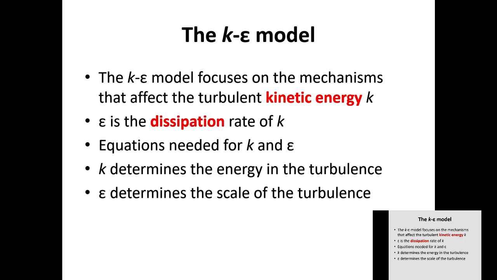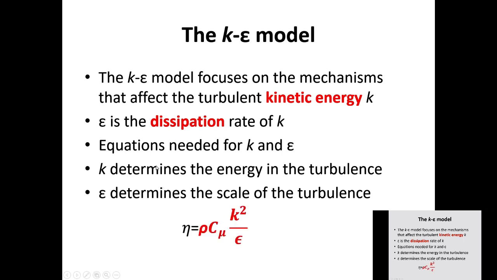So remember we talked about the dissipation of turbulence or dissipation of eddies. So dissipation means how quickly it disappears. The kinetic energy disappears into smaller eddies and dissipates as heat. Okay. So epsilon is the rate of that dissipation. So how fast it dissipates.